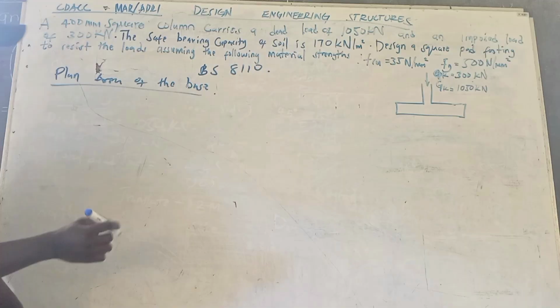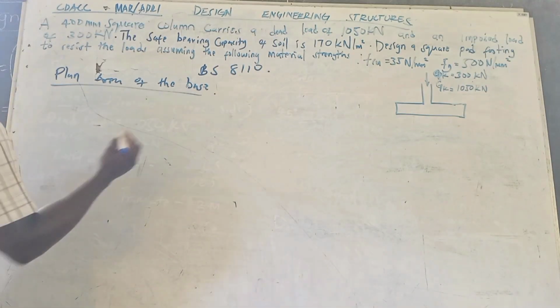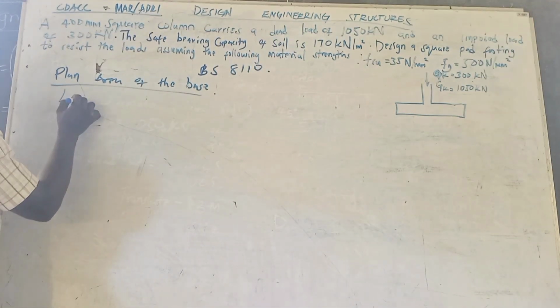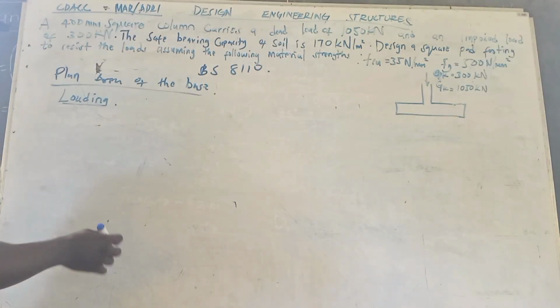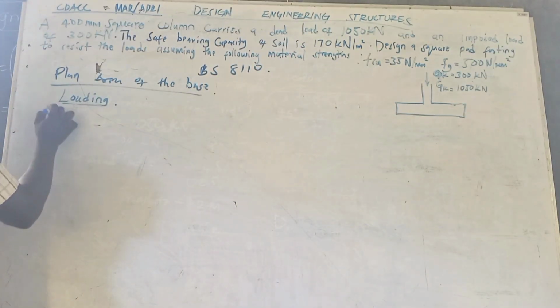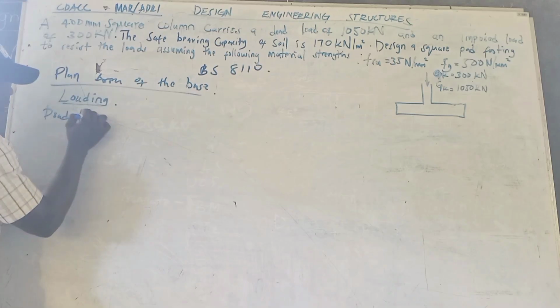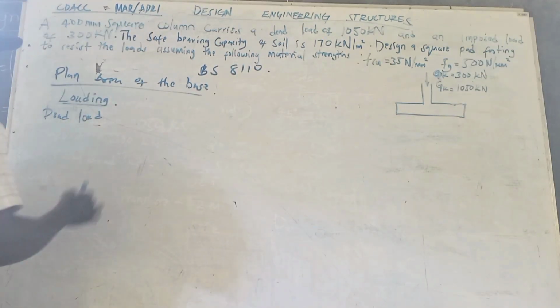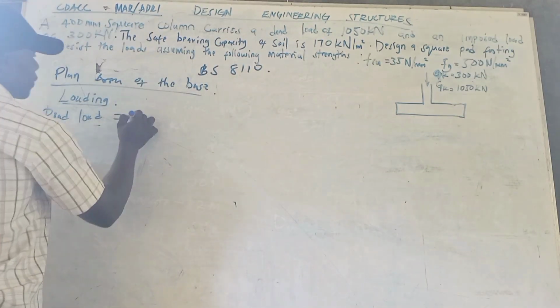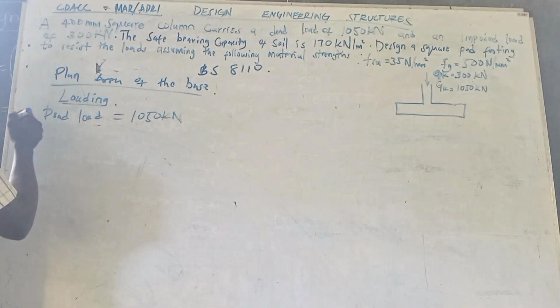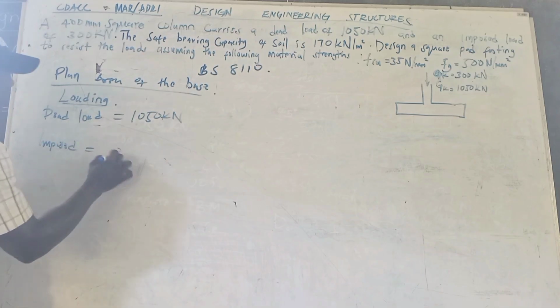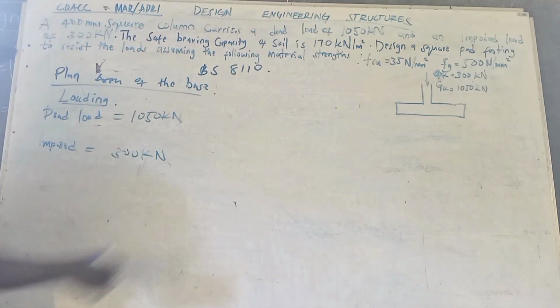How are we going to achieve this? We're going to use the loading. The loading here would include the dead load, which we are given as 1050 kilonewtons, and the imposed loads, given as 300 kilonewtons.